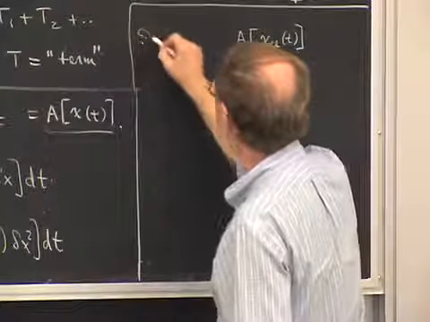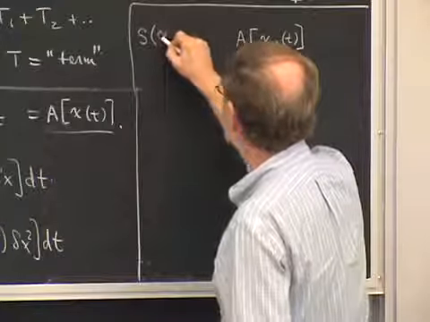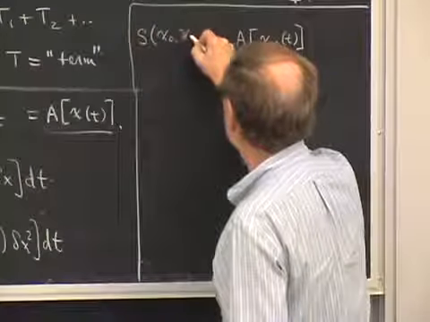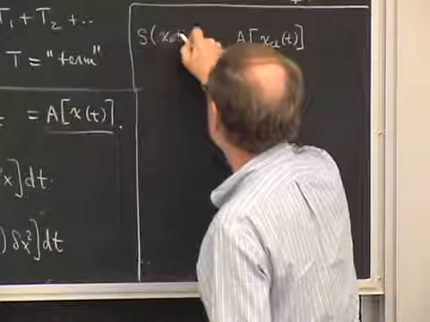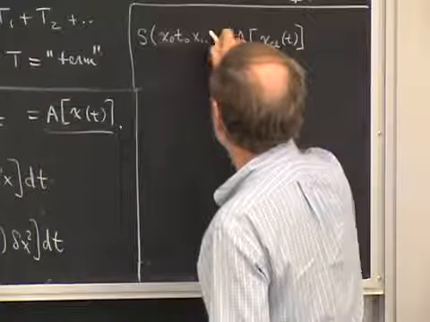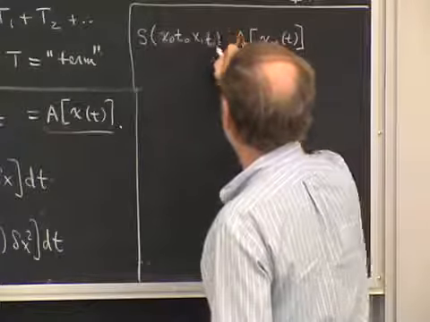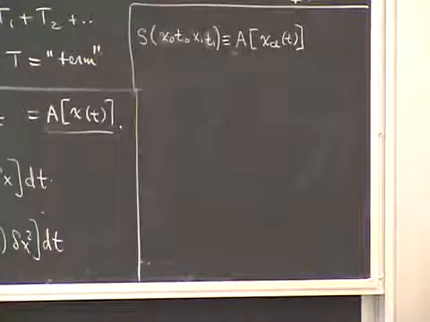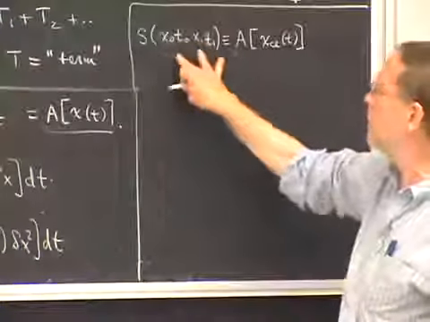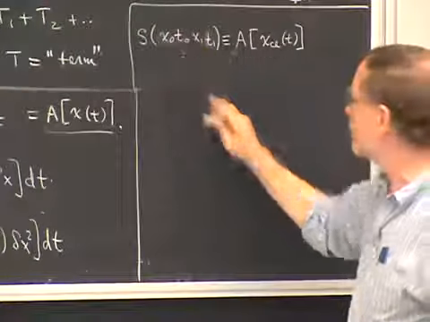And the number that comes out, therefore, we'll give it another symbol, is a function of x0, t0, x1, and t1. This is defined to be the action evaluated on the classical path. This is not a functional, it's an ordinary function of these four parameters.